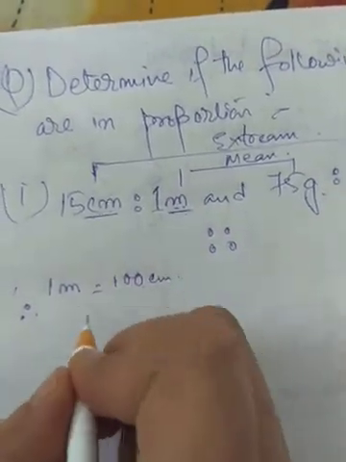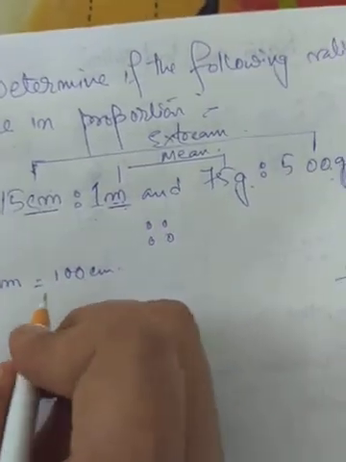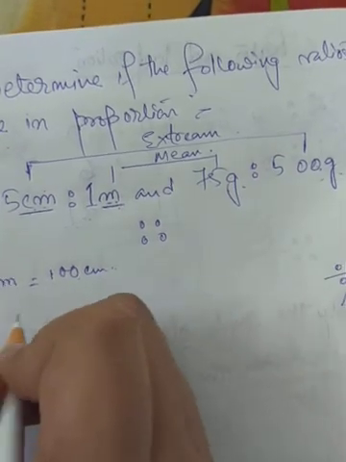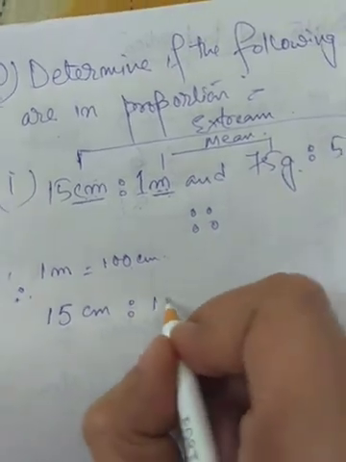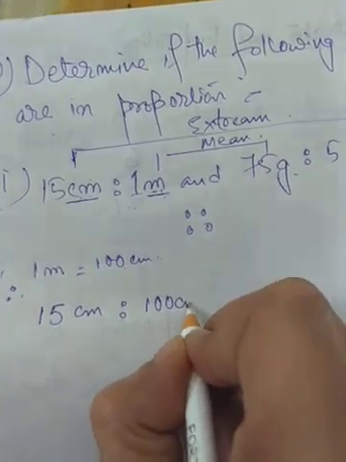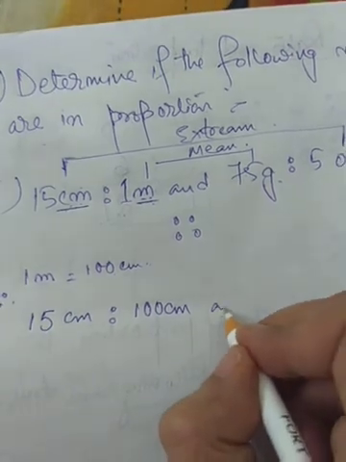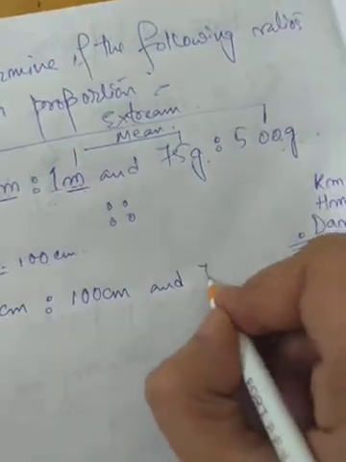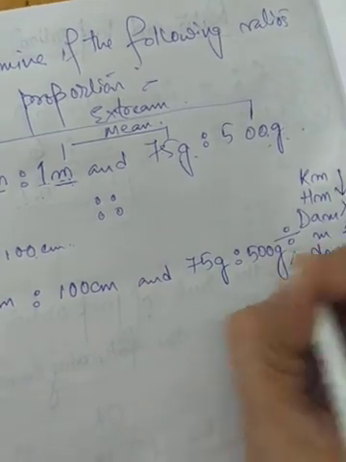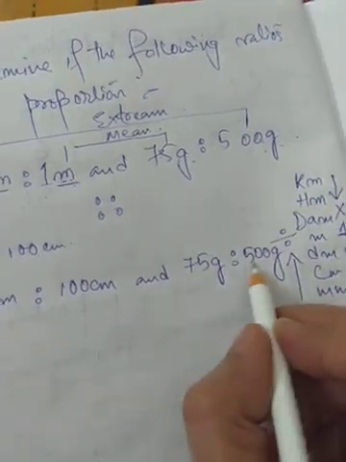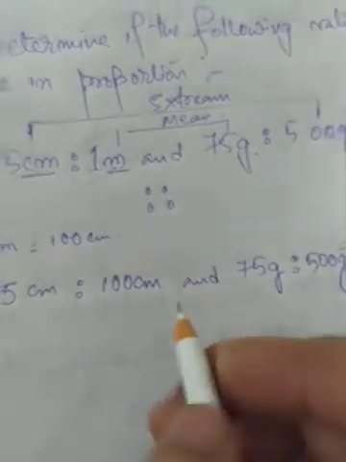So let us work out the sum. According to the problem, the sum is 15 centimeter is to 100 centimeter. And another ratio is 75 gram is to 500 gram. Now we have to see the multiplication of the extremes.